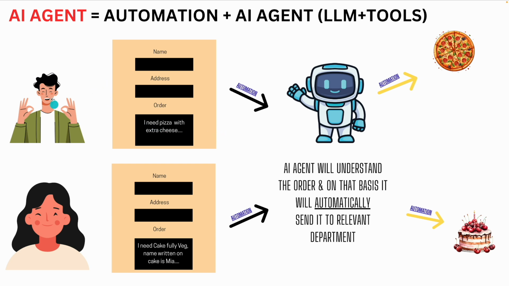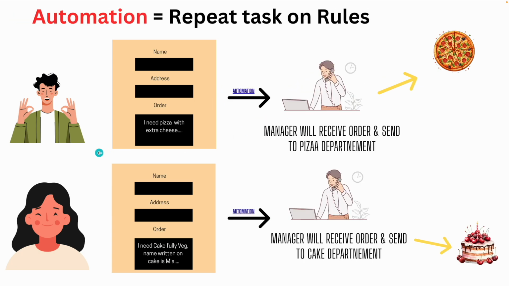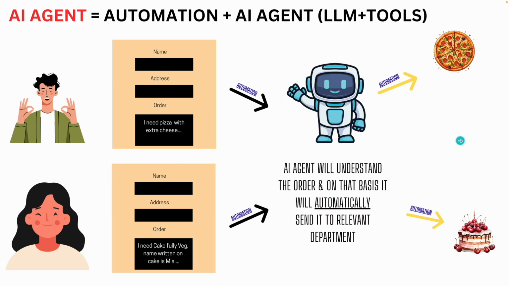That means the automation will work like this. This person will place the order through automation. Now instead of a human, like last time, this time we are going to have a robot, because this robot, which is an AI agent, has the power of LLM plus tools.